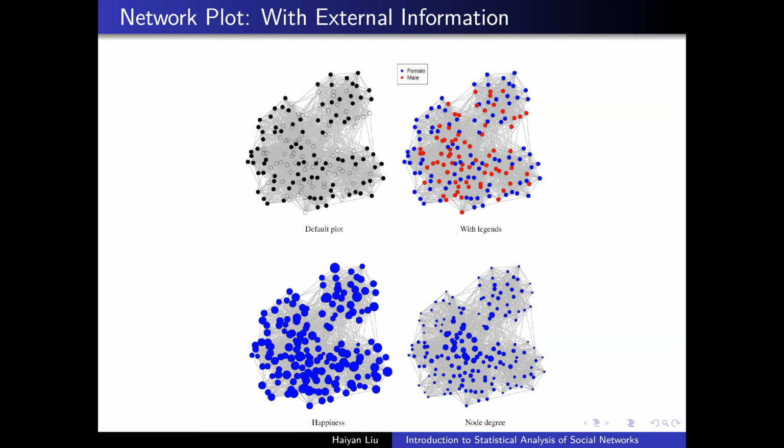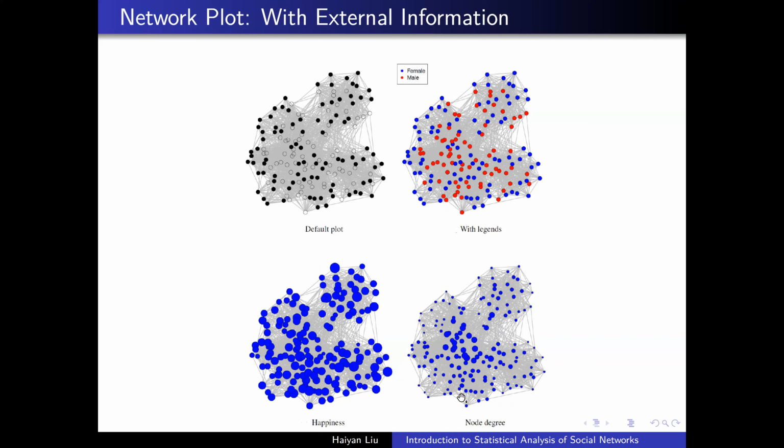By looking at the colors, we can observe the patterns among female students and among the male students. In addition to categorical or binary information, we could also include external information using a continuous scale. For instance, we could reflect the happiness information in a bubble. The larger the bubble, the happier that student is. The smaller the bubble, the less happy.